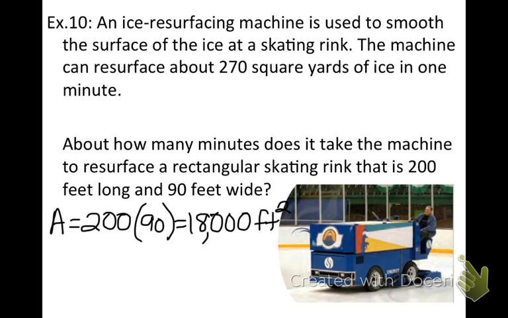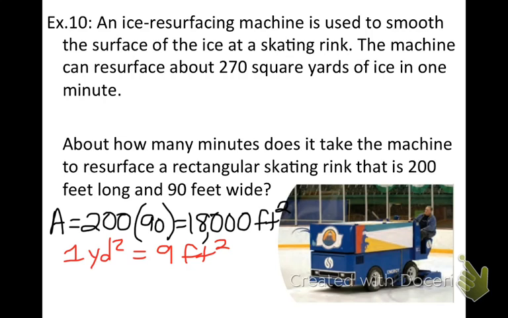If this ice resurfacing machine can resurface 270 square yards of ice in 1 minute, what about the 18,000 square feet? This is a tricky question because 1 square yard is actually equal to 9 square feet.